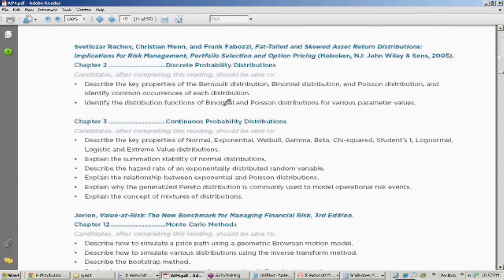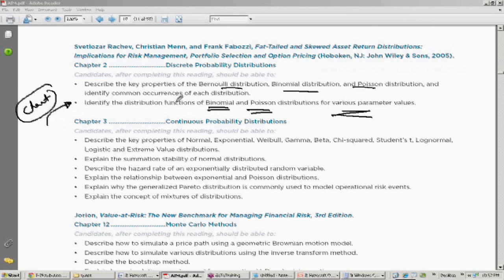So this completes your discrete distributions. If you see the aim statement, they are asking us about the properties of binomial and Poisson, and to identify the distribution function of binomial for various parameter values. I will send you the chart, showing the shapes for different values of lambda.